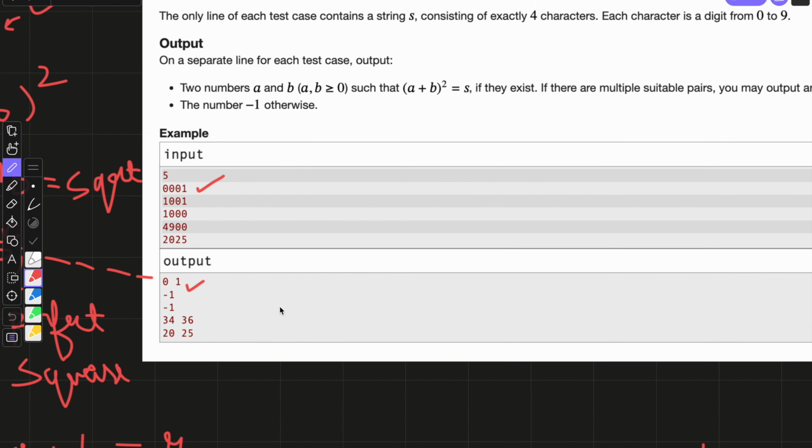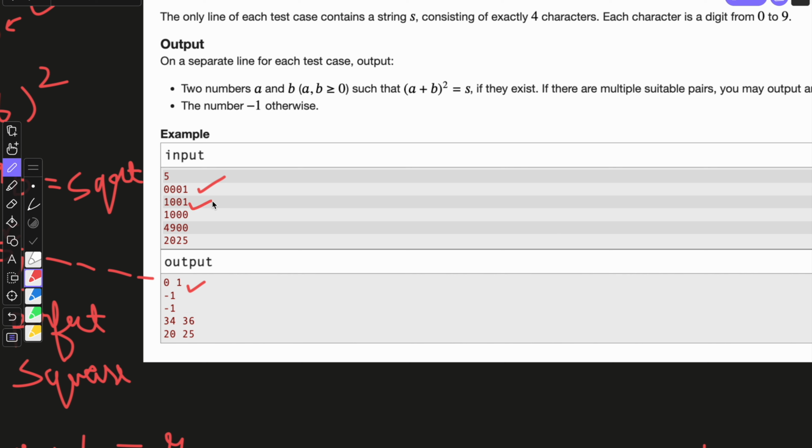So let's see all the test cases. 1001, it's not a perfect square, so it will output -1. For this it is also not a perfect square, so it will be -1. For this it is a perfect square, and the answer is 34 and 36. Why?